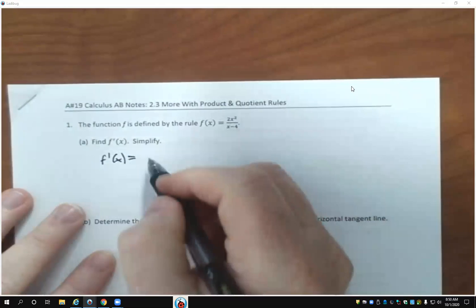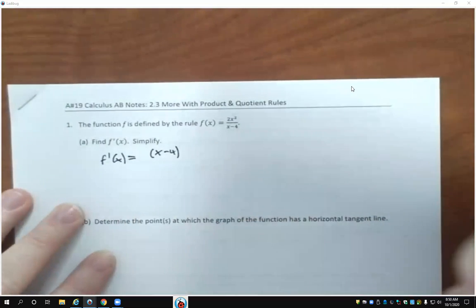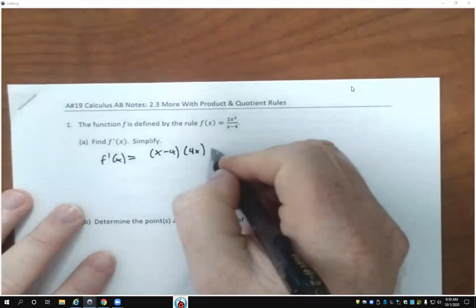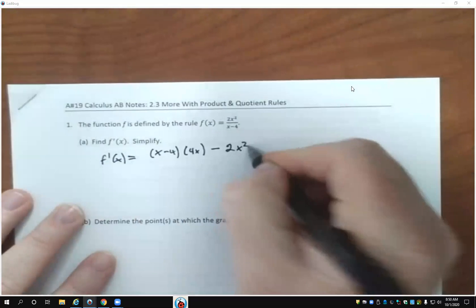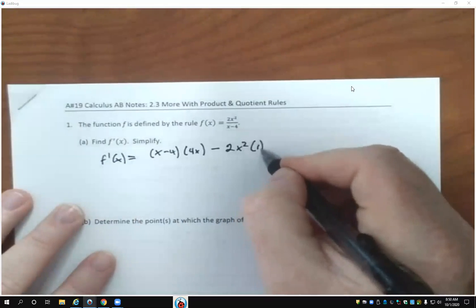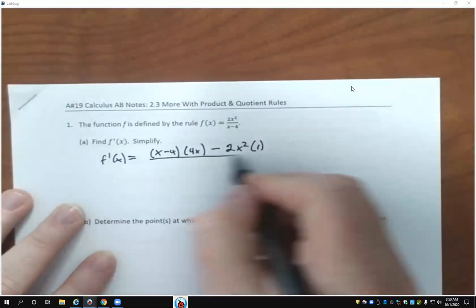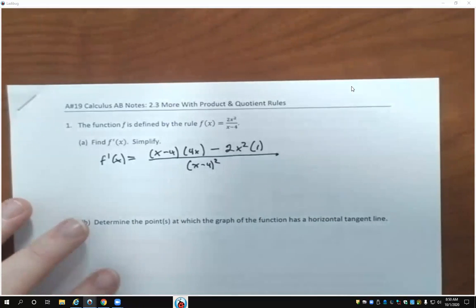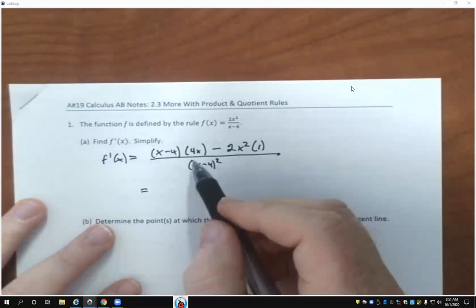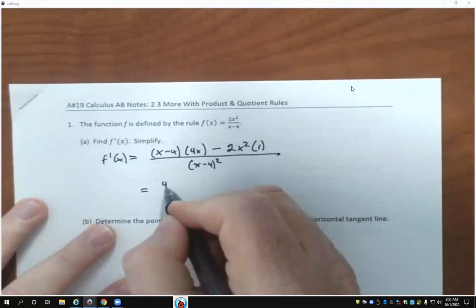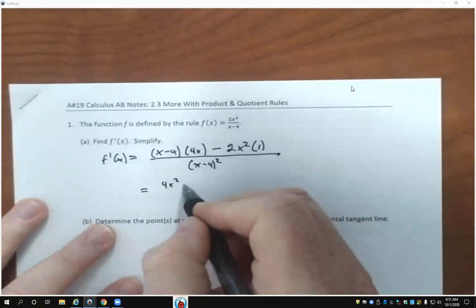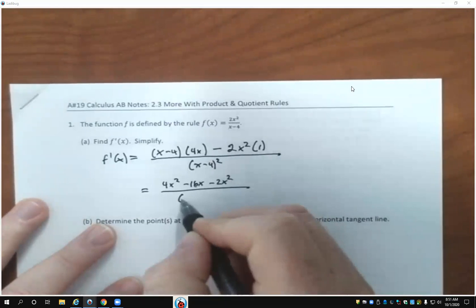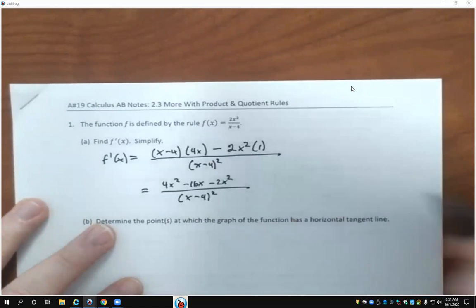f prime of x is equal to bottom, x minus 4, times the derivative of the top, which is 4x, minus the top, 2x squared, times the derivative of the bottom, which is 1, all over bottom squared. Up top, we're going to end up with 4x squared minus 16x minus 2x squared over (x minus 4) quantity squared.